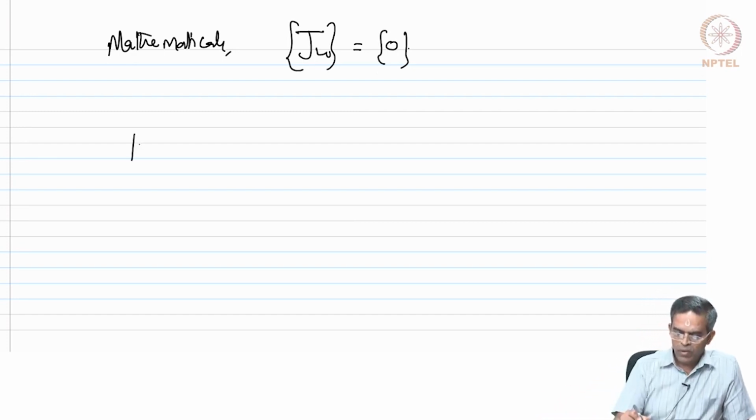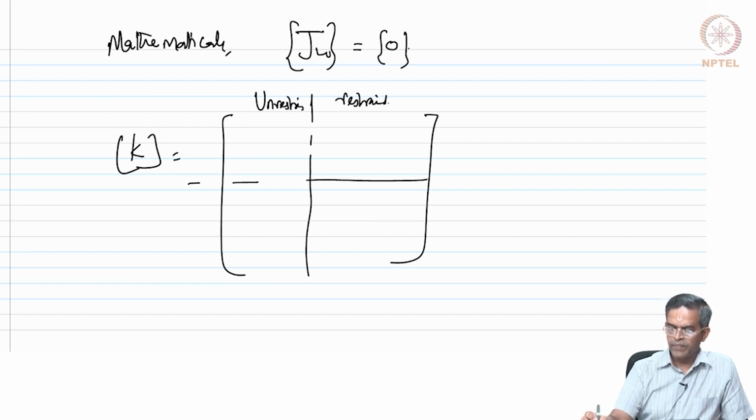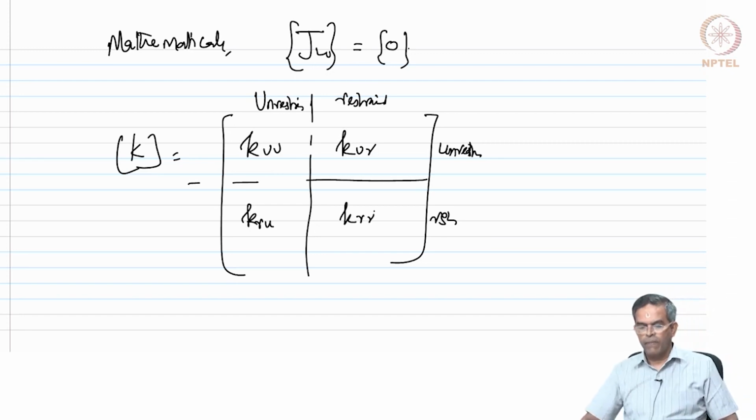We know for a given matrix K, if we partition this matrix as unrestrained and restrained, this is KUU, this is KUR, this is KRU, this is KRR.